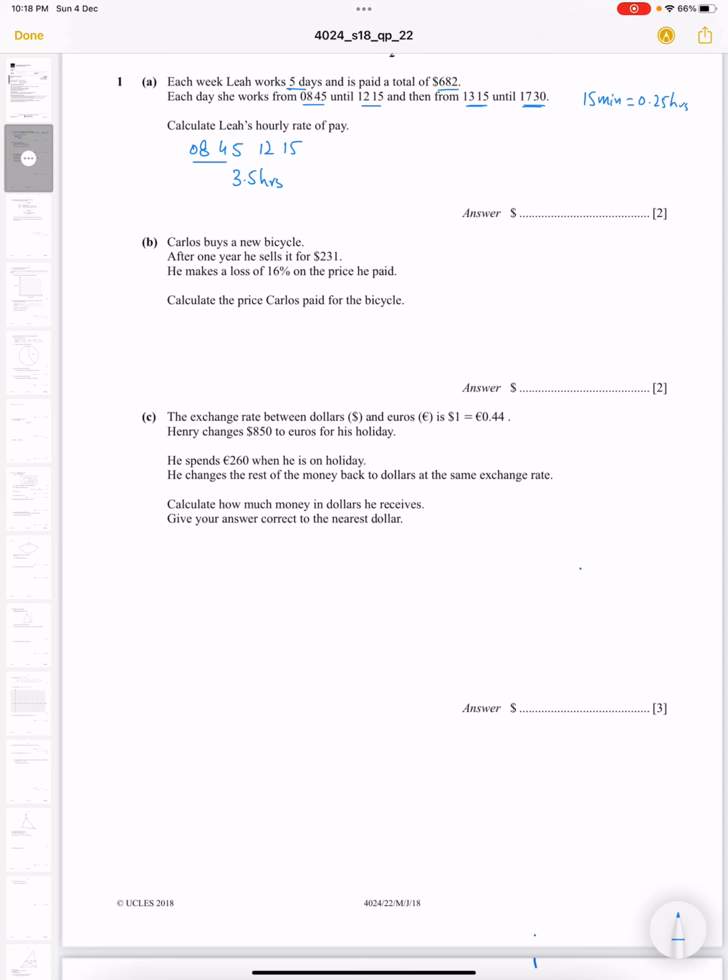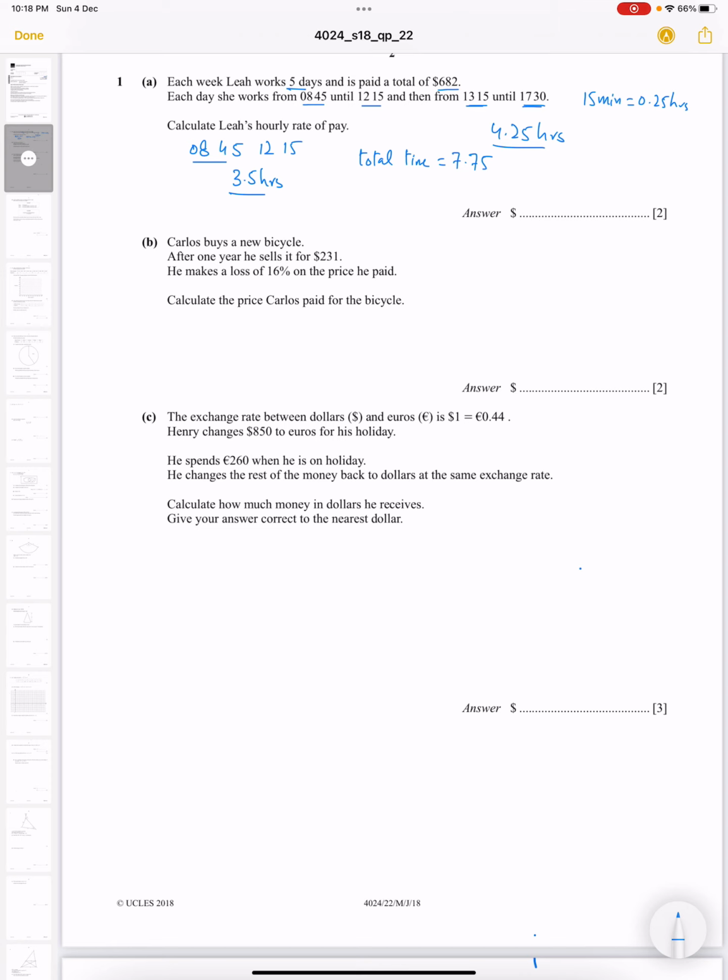So this time is 4.25 hours. So 3.5 hours in the morning, 4.25 hours in the afternoon. If we add up both of these, we get a total time of 7.75 hours for one day.